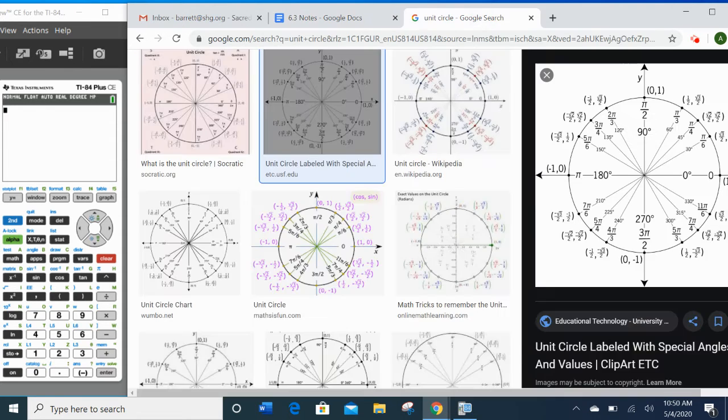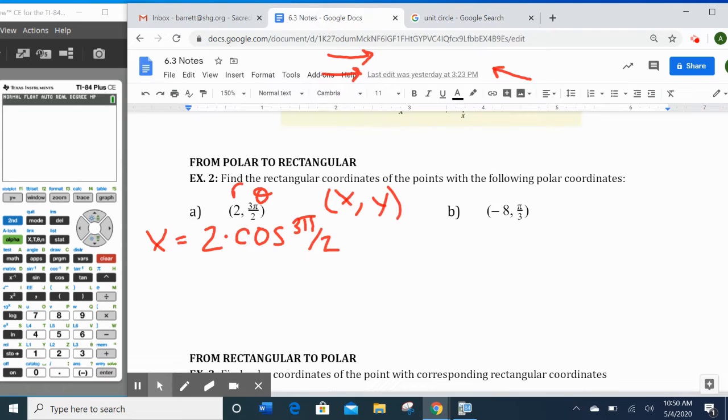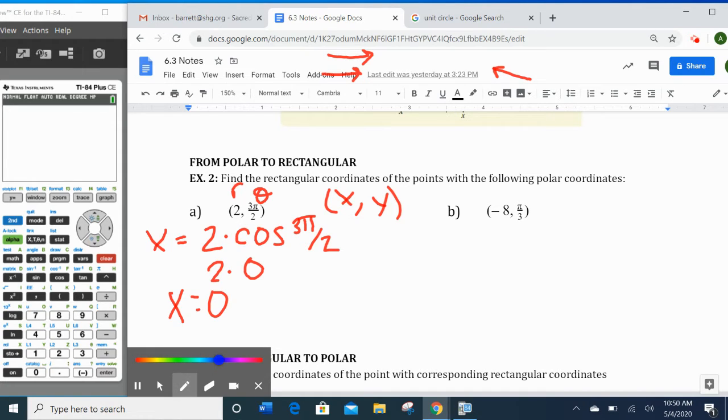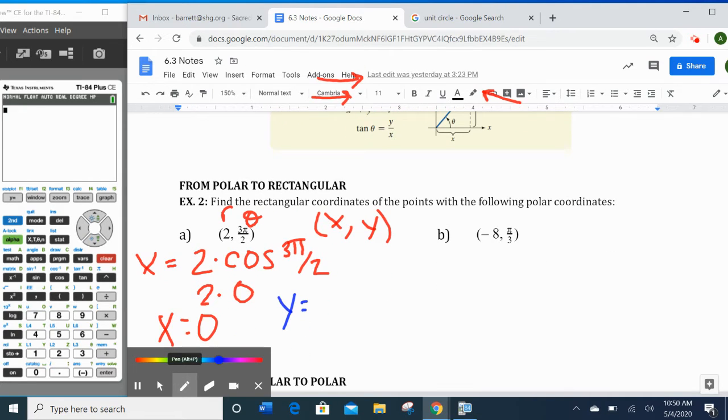So the cosine of 3 pi over 2, cosine is the x coordinate. The x coordinate of 3 pi over 2 is 0. So I'm taking 2 times 0, and I get 0. So the x coordinate is 0, which is what your calculator would have given you. No problem. And then to find the y coordinate, I'm going to take the formula up above that y equals r times sine of theta.